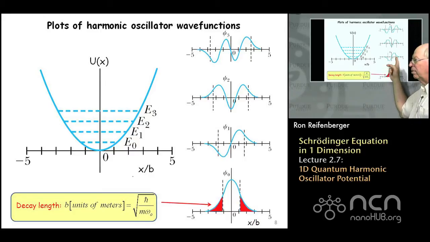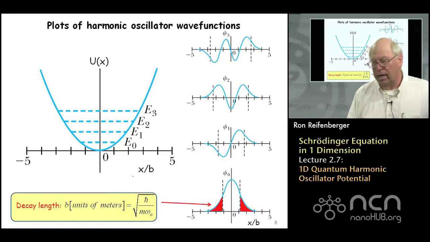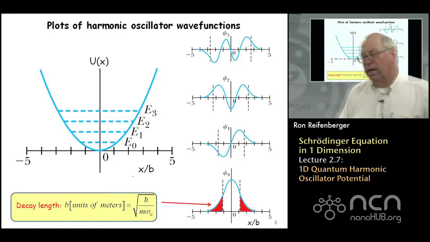So you can see in all of these eigenfunctions, they have this exponentially damped region. In the middle, in the classically allowed region of space, the wave function just undergoes an oscillation that's given by these Hermite polynomials.